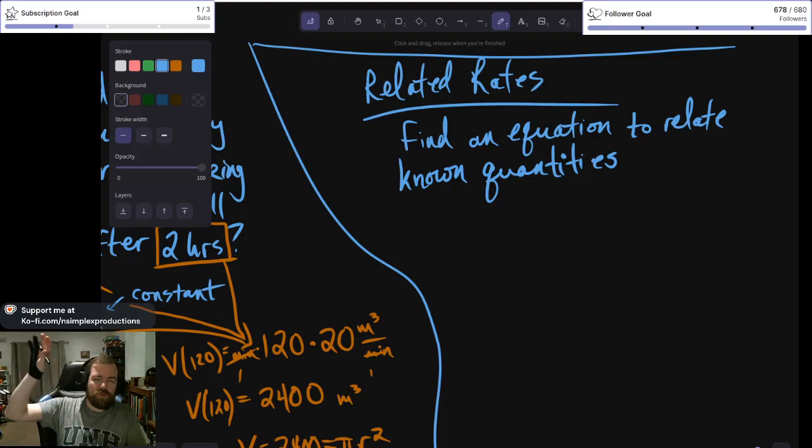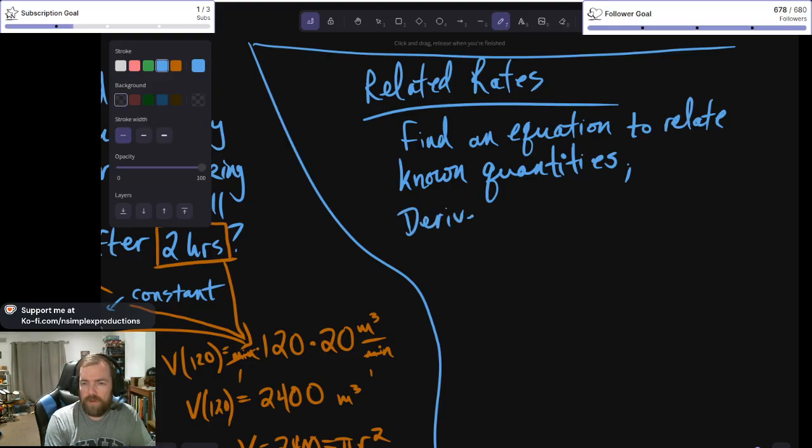Find an equation to relate the known quantities that are here, and then derive with respect to usually time.